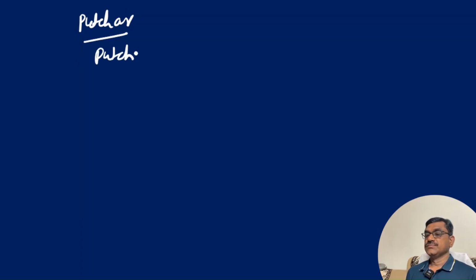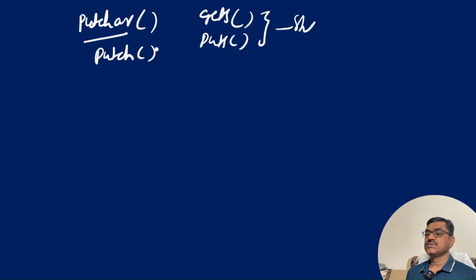Now, we use another important function in the string. We are going to use putchar. Not only putchar, we can use putch. These are the character functions. And we have used gets, right? Gets or puts. These are related to strings and these are related to characters.